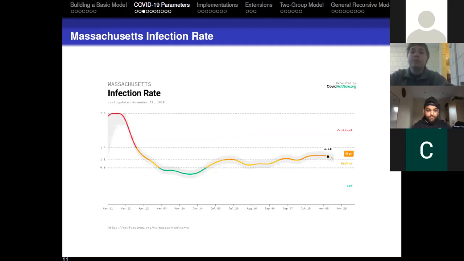We can look at the RT for Massachusetts through the pandemic. It starts out in March around 2.3, and then as public health measures are initiated, it drops to below 1 for a while, and then it has been slowly creeping up to around 1.18 as of a few days ago.